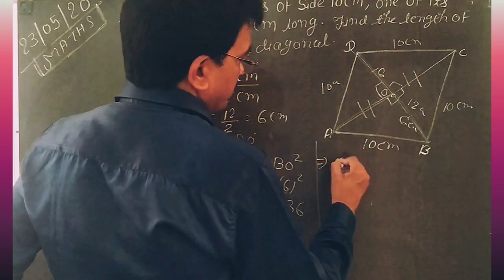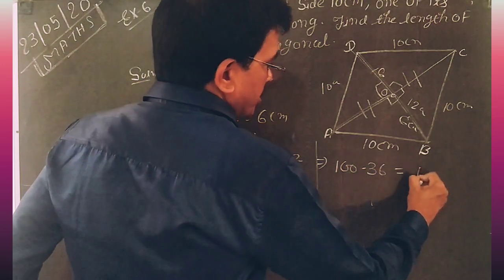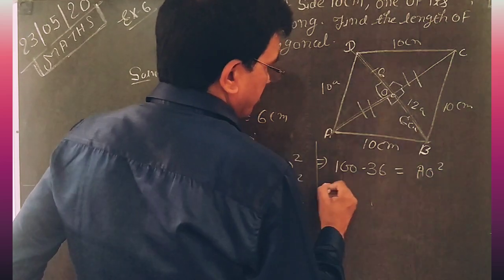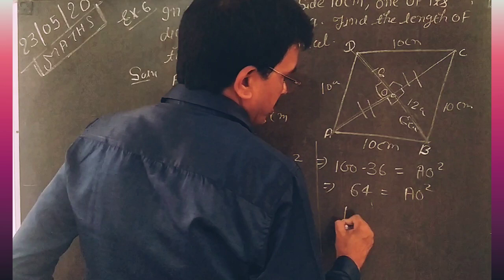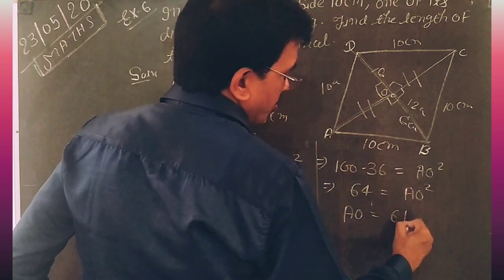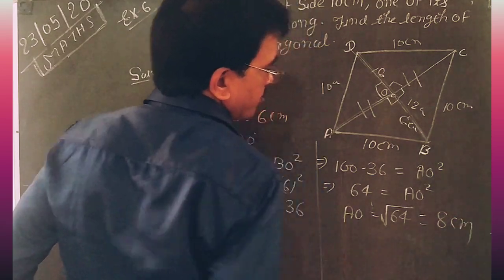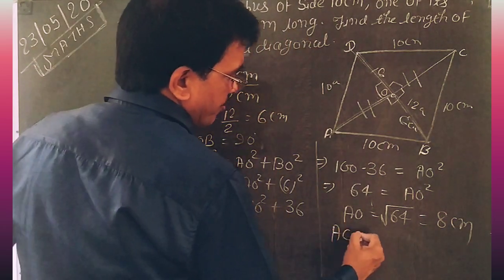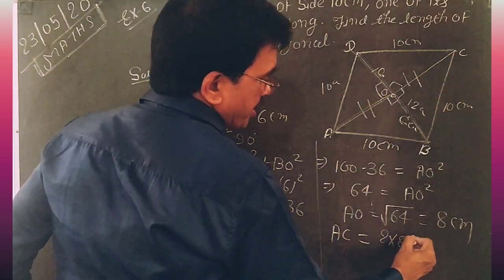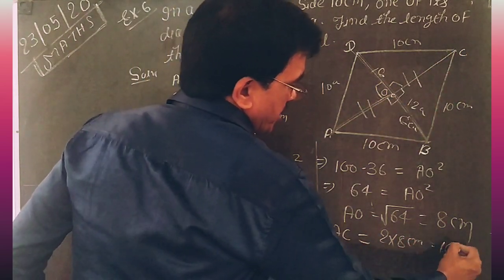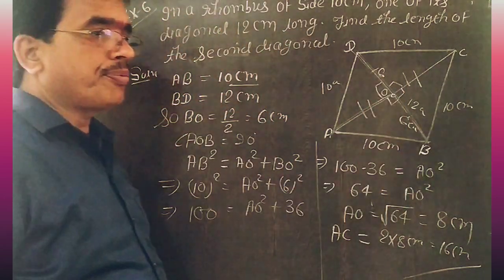Here 100 minus 36 is equal to AO square. 64 is equal to AO square. Then AO is equal to the square root of 64. What is it? 8 cm. So what is AC? AC is 2 times AO. So 2 into 8 cm, that is 16 cm. It is the second diagonal of the rhombus.